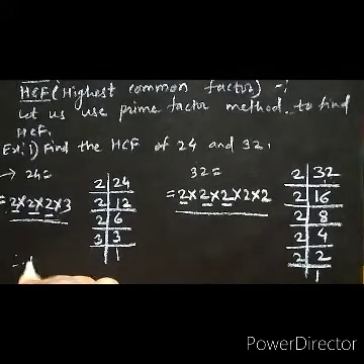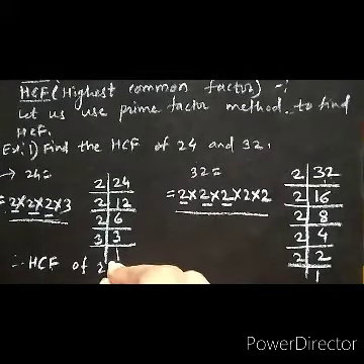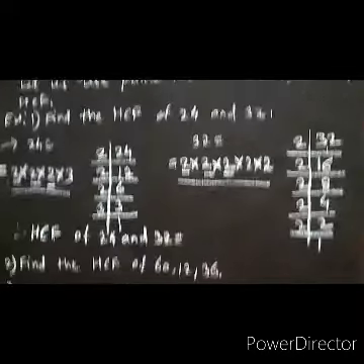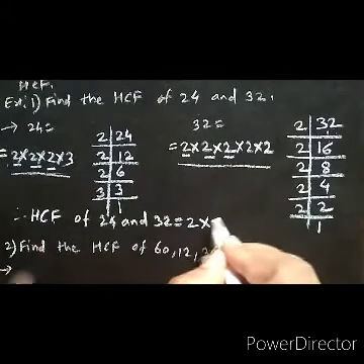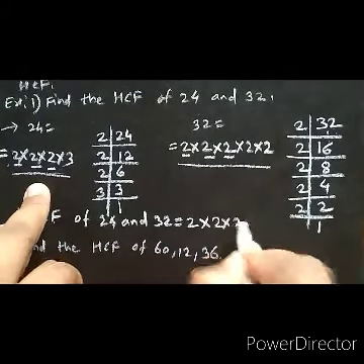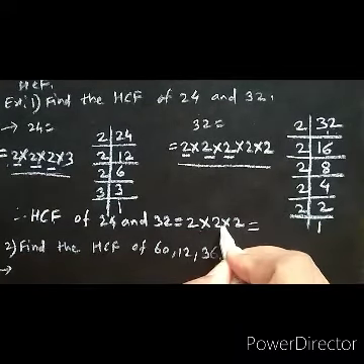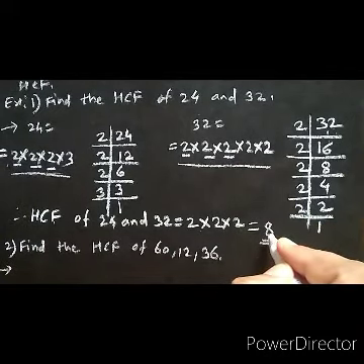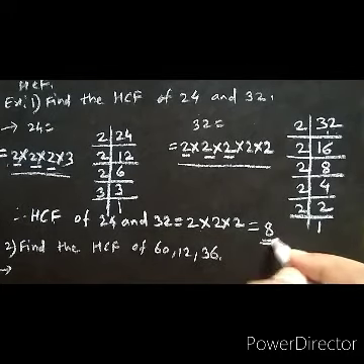Therefore, HCF of 24 and 32 is equal to, we have to take common numbers, 2 into 2 into 2. Therefore, we got 2 twos are 4, 4 twos are 8. So, HCF or GCD of 24 and 32, that is 8.